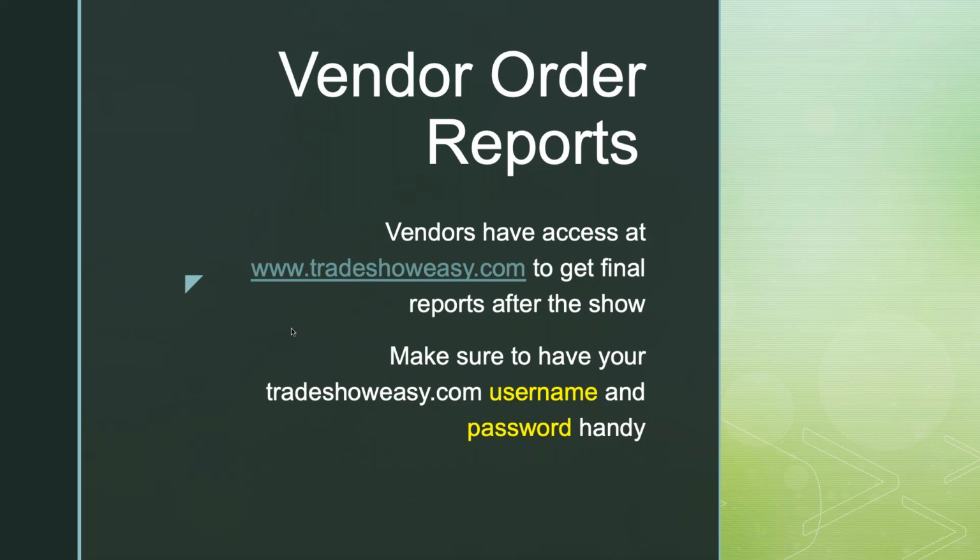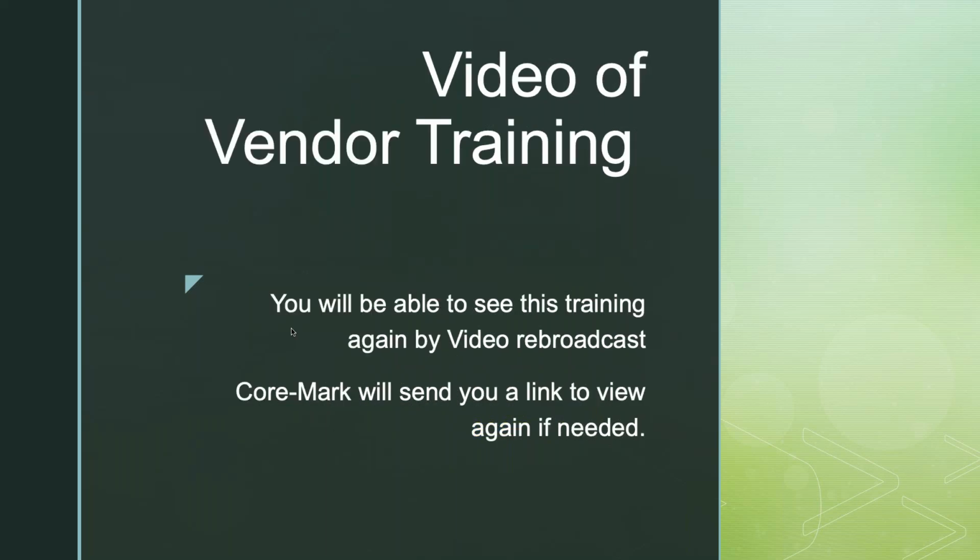So make sure you save your username and password that were given to you a long time ago. We're doing a video, so if you need to see anything later on, Cormark will send out a link where you can go onto YouTube and view this video.